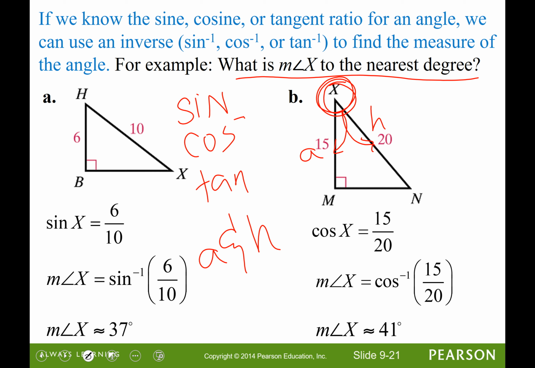And I know, or I can look back until I know, that it is cosine that is dependent on A and H, which is why we write our equation COS, then the angle, equal sign, the length of the adjacent side, the division bar, the length of the hypotenuse. Then taking cosine inverse of both sides isolates the x for us, and then typing cosine inverse 15 over 20 into our calculator, rounding to the nearest degree, is how we got the 41 degrees.